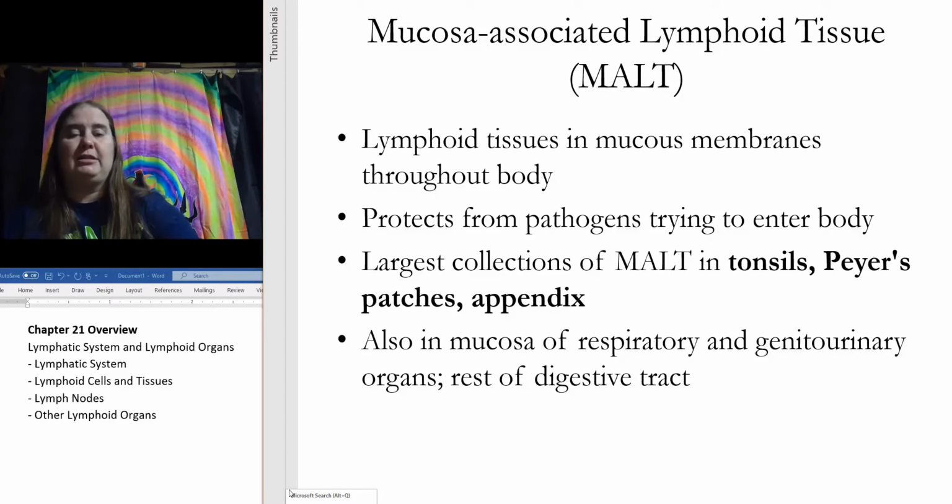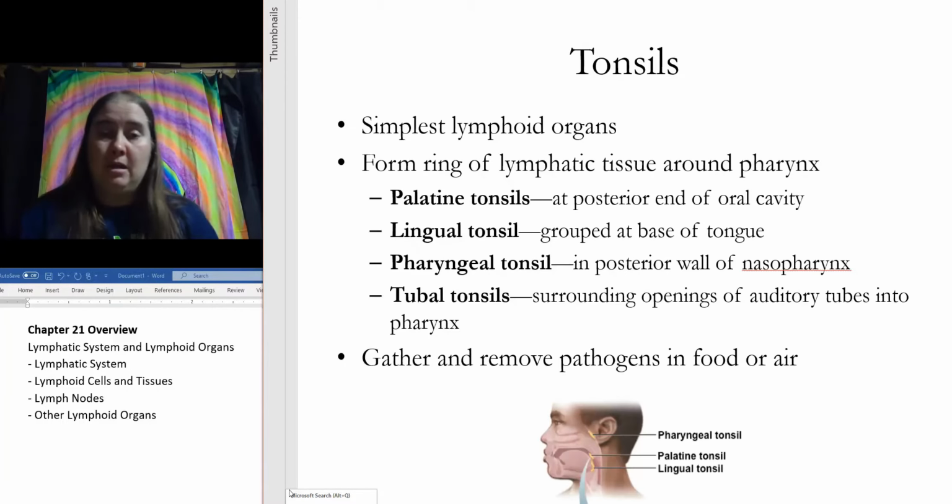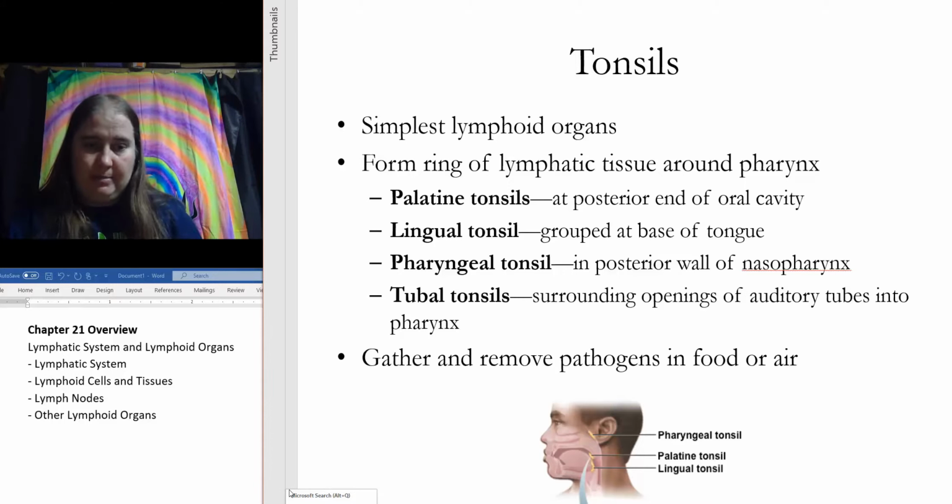We have our tonsils, which is really the simplest lymphoid organ. They form a ring of lymphatic tissue around your larynx. You have your palatine tonsils, which are located back here towards the posterior aspect of your oral cavity. So here are your palatine tonsils.